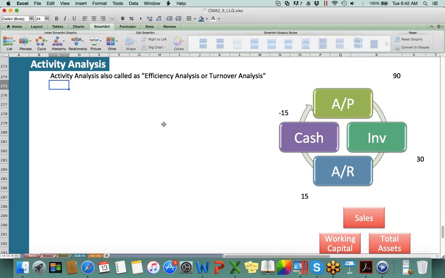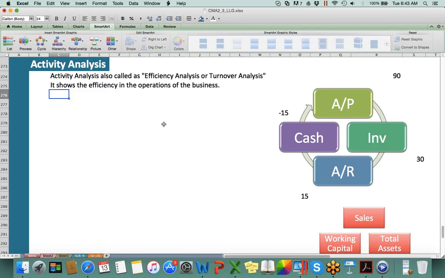It shows the efficiency in the operations of the business.